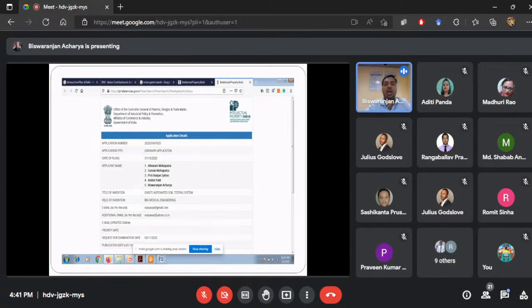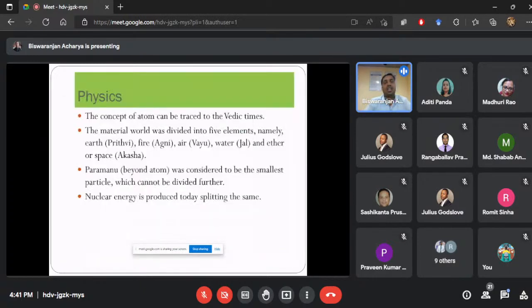Physics. The concept of the atom can be traced to Vedic times. Physics from Vedic times we actually used. The material world was divided into five elements, namely Prithvi, Agni, Vayu, Jala, and Akash. Paryavaran, the environment, comes under this.